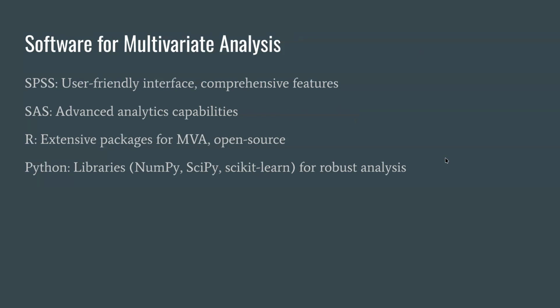Software for multivariate analysis. There are several software options available for performing multivariate analysis. As an example, we've already seen Python libraries like NumPy, scikit-learn, and also SciPy, which offers robust tools for performing a wide range of multivariate analysis, but Python is not the only software.